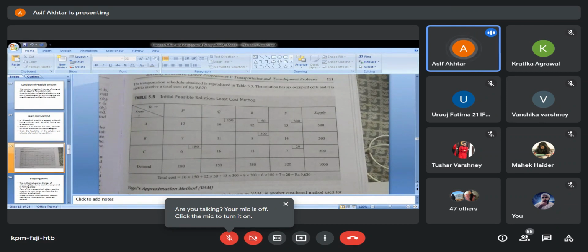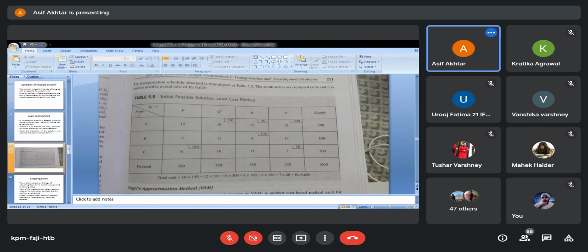Although here this problem will not come because one cell is automatically filled, already satisfied, so we have only one option. But in case we have two cells having the same minimum cost, then what will we do? अगर हमारे पास दो सेल की मिनिमम कॉस्ट सेम होती, तो फिर how do we decide which cell we have to allocate and which cell we have to keep unassigned?